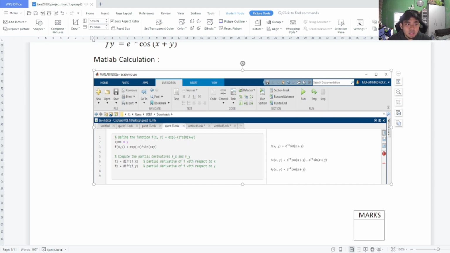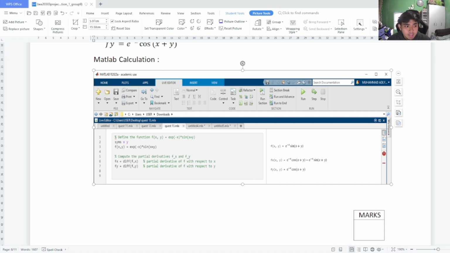Here is a step-by-step explanation of what the code does. In the first line, we declare two symbolic variables x and y using the syms command. The second line defines the function f(x,y) as exponent negative x times sin(x plus y), using the exponential function exp and the trigonometric function sin.